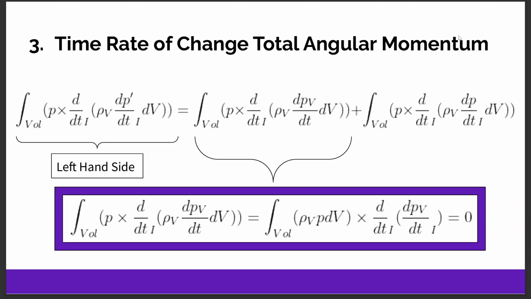So dpv over dt only yields a translational term, and that will be cancelled out by the first moment of mass, and that is the volume integral of rho v times p times dV. And the dp over dt term will yield a translational and a rotational term, and the rotational term will survive. For that reason, the volume integral on the right will survive and is not equal to 0.